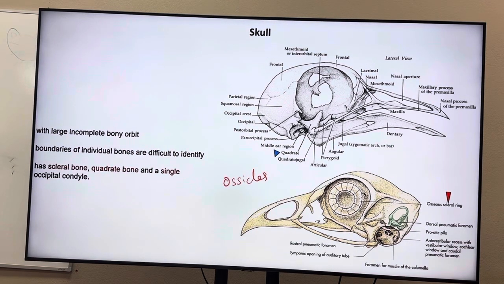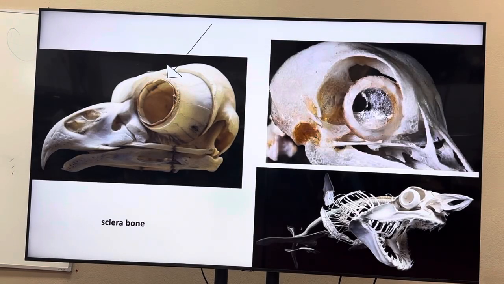This bony structure is present in the bird, and this is what we have here. It's also present in fish.